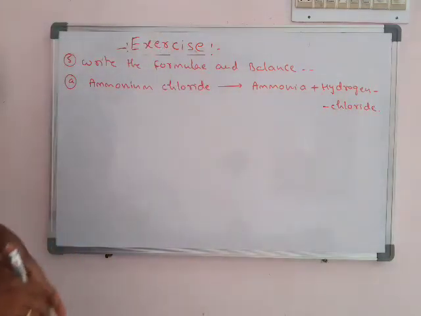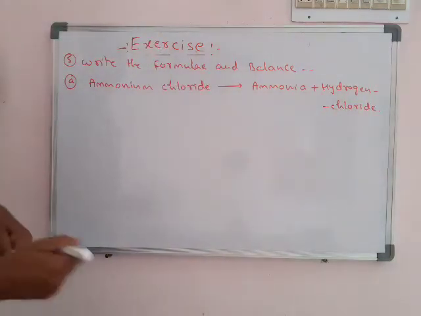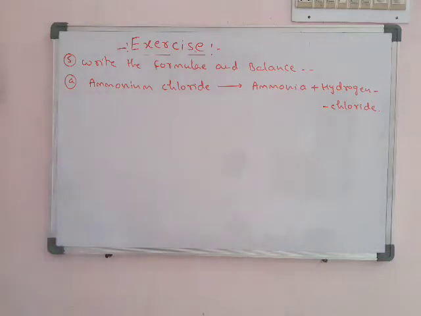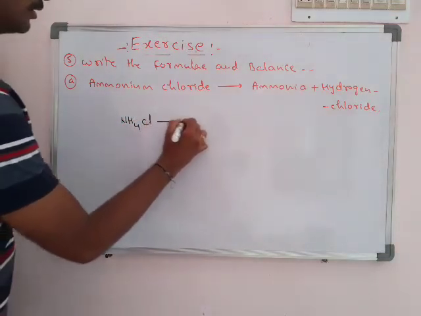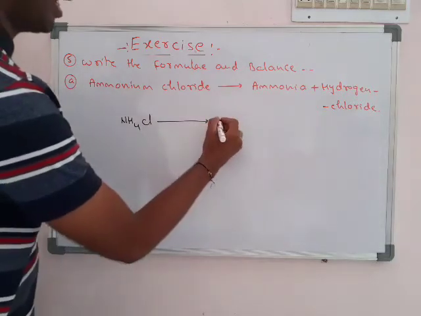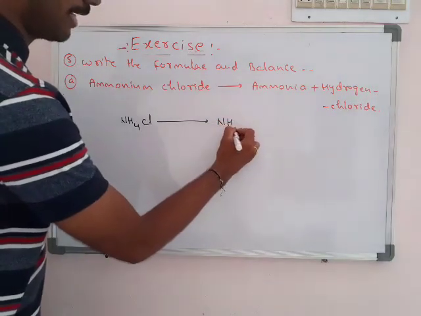So you have to write the formula at first. What is the formula for ammonium chloride? This is NH4Cl, so gives ammonia. What is the formula of ammonia? NH3.